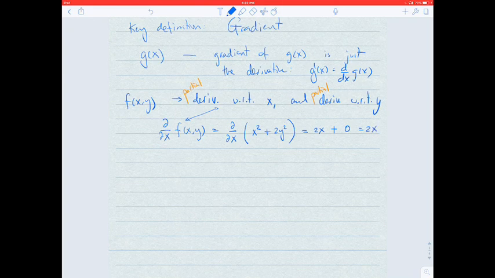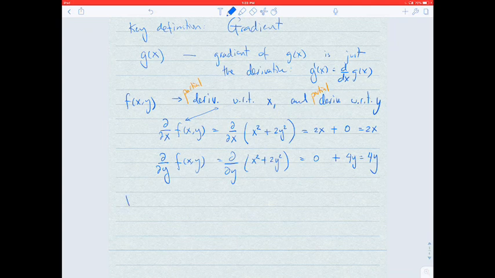Okay, so it's 2x. And then we need to compute the derivative with respect to y of f of xy. So this is the partial derivative of x squared plus 2y squared. The derivative of x squared with respect to y is 0 because x is a constant as a function of y, so it's 0. Plus just the derivative of 2y squared, which is 4y. So the answer is 4y.